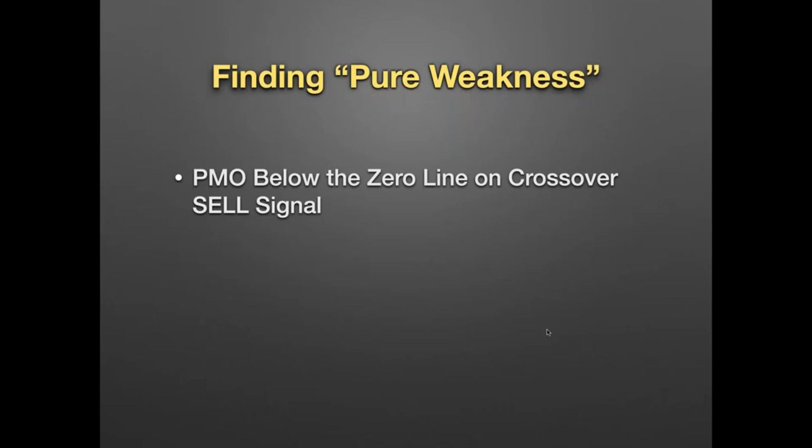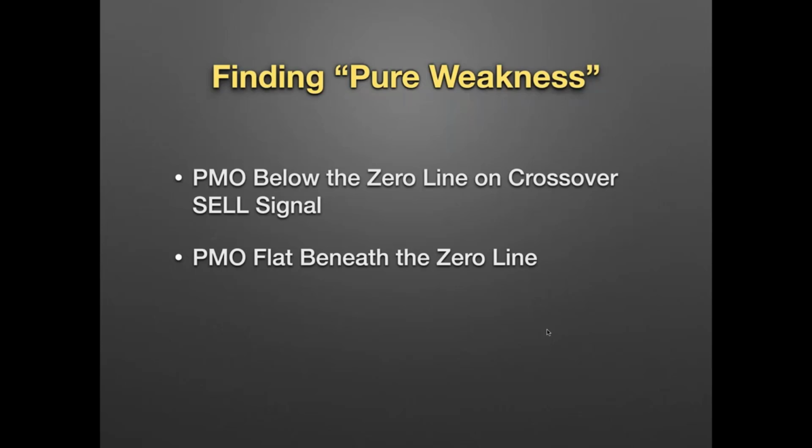And of course, you could use pure weakness for shorts. If the PMO is flat beneath the zero line, that is also showing pure weakness. So again, with the accelerator, you have pulled up on that accelerator so much that you are slowing down, and now the PMO has to flatten out because you're not going to push the accelerator.